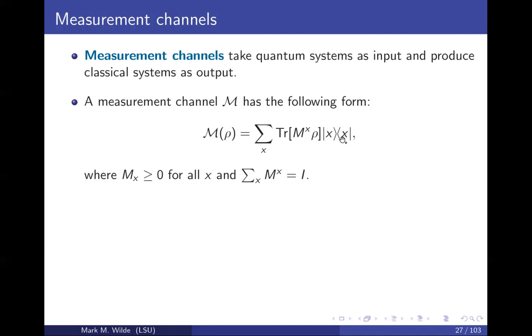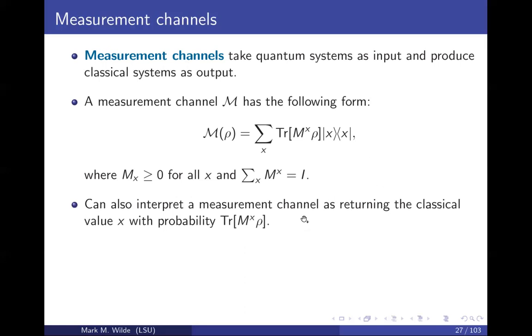That's what these x's are, they correspond to diagonal elements. And then you sum over all of them. That's a measurement channel. And the interpretation here is that you get the classical outcome x with probability trace M_x rho. Okay, so this formula here, trace M_x rho, is a famous formula called the Born rule of quantum mechanics after Max Born.